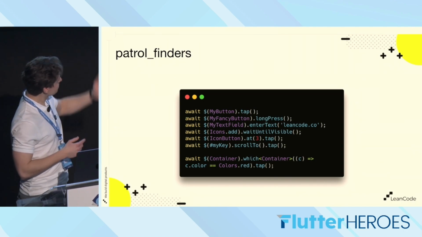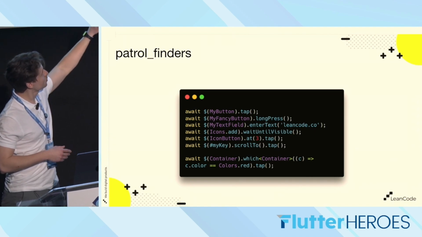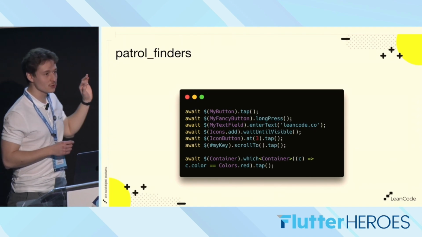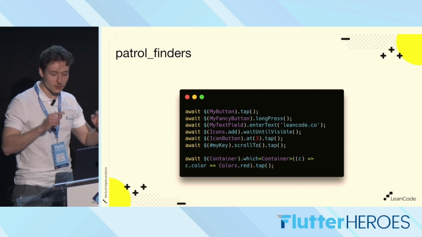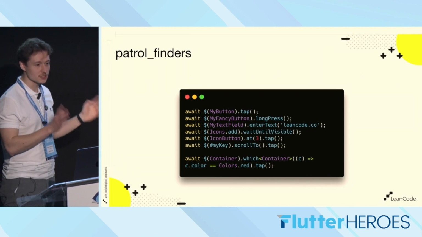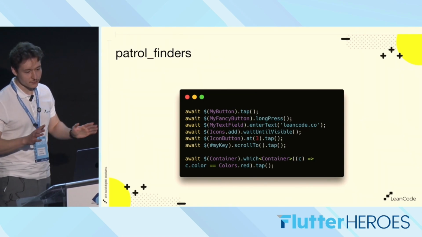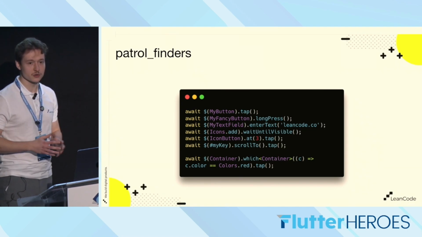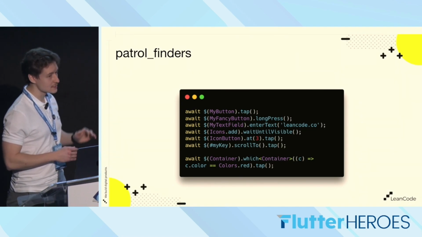Scroll to is something also very nice. If you want to scroll to my key, you can use myKey.scrollTo. It will try to scroll, because usually you have one scrollable, so it will use the scrollable that is on the screen to scroll to this widget. But if you want to specifically tell what scrollable you want to use, you can also do that, and there are a lot of properties inside to modify.